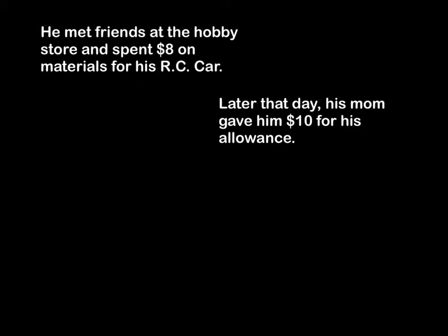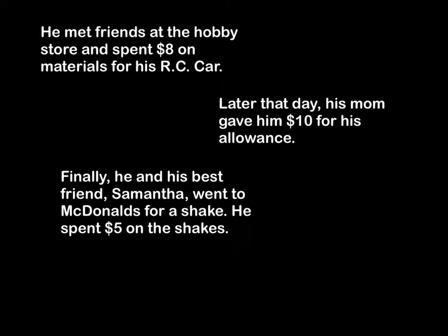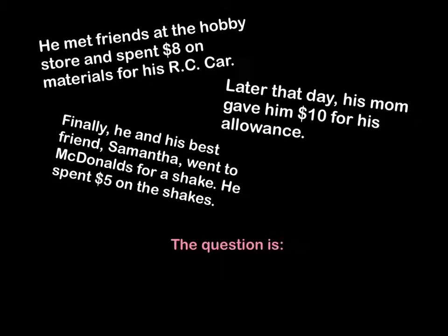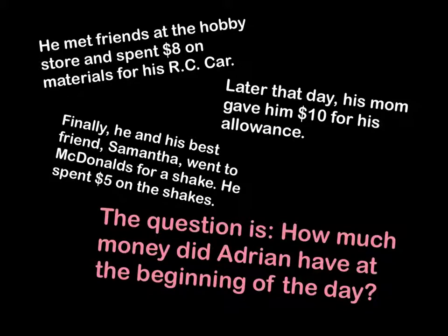Then, as you remember later that day, his mom gave him $10 for his allowance. And then finally, he and his best friend Samantha went to McDonald's for a shake. He spent $5 on the shakes. The question is, how much money did Adrian have at the beginning of the day?